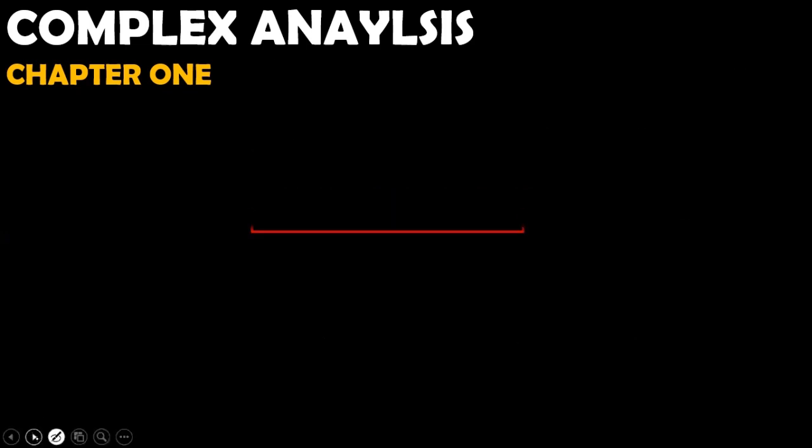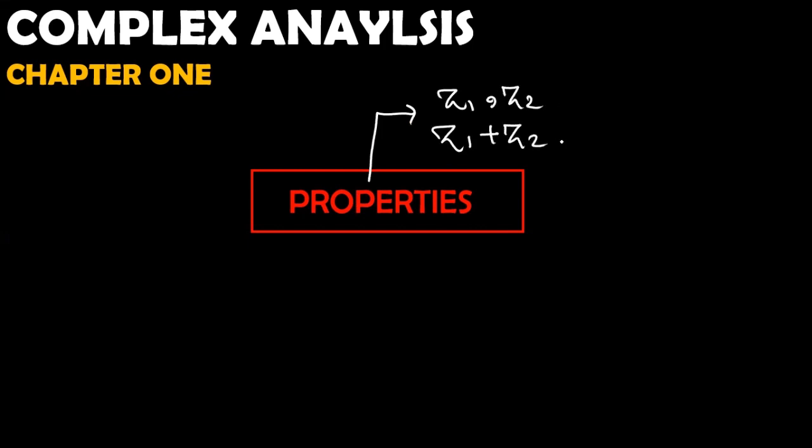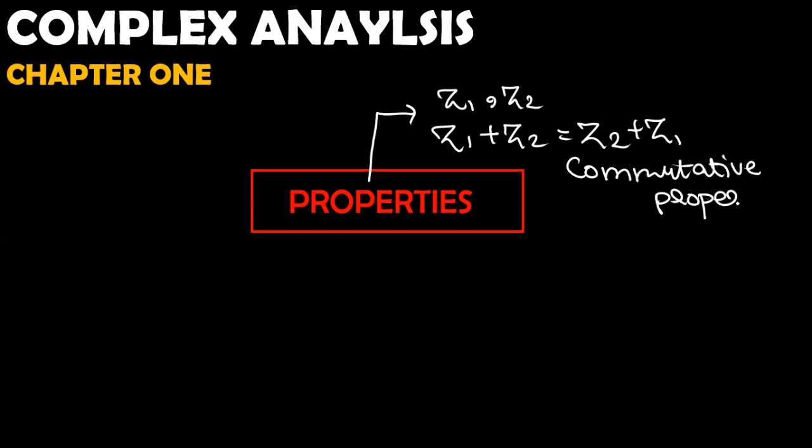Our next topic is properties of complex numbers. If we have two complex numbers Z1 and Z2, and we add Z1 to Z2 or Z2 to Z1, we get the same result. It means the commutative property holds in complex numbers.